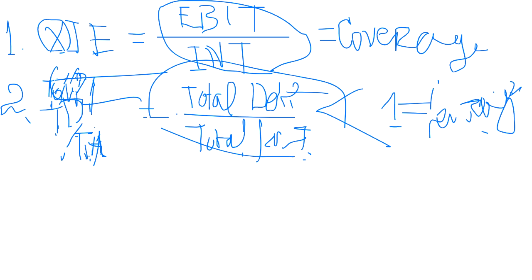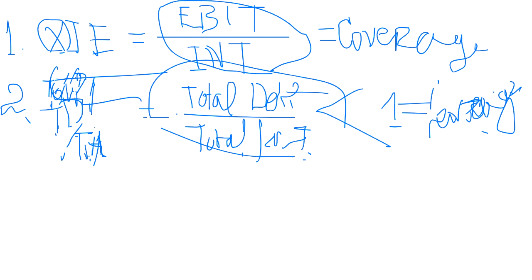And why? What does leverage mean? Leverage means using debt, right? So in other words, leverage is automatically revealing the capital structure of the company. Remember, another name for that is the debt ratio, which is also called the leverage ratio.